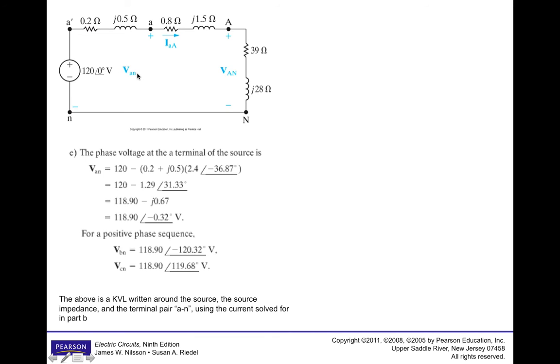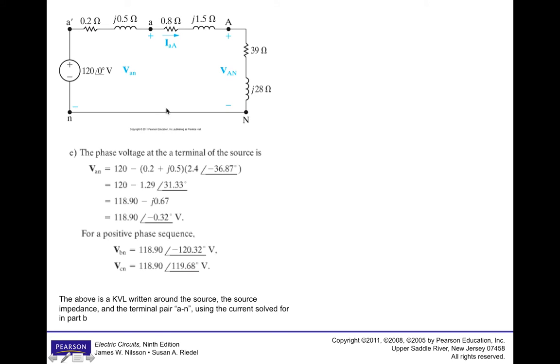So algebraically rearranging the equation, you can set VAN equal to 120 minus the voltage drop across the source impedance. Once we go through and do that one solution and find the phasor product and phasor sum, then once again we can iterate to get the other values.